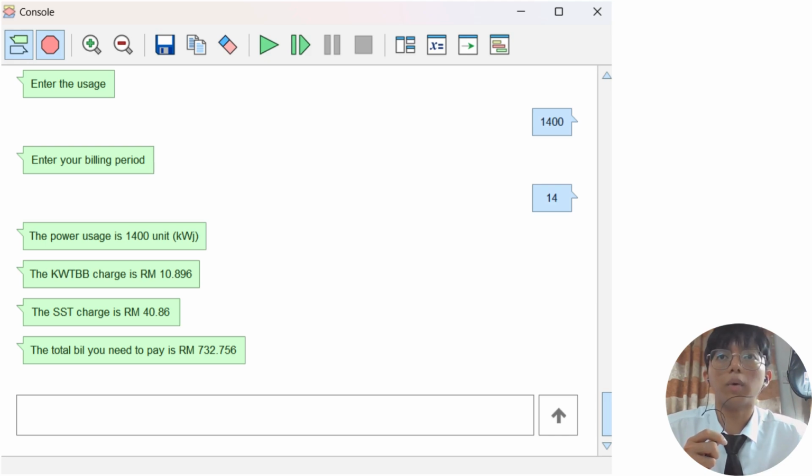Then it shows the power usage is 1400 units, the KWTBB charge is 10 ringgit 0.89, the SST charge is 40.86, and the total bill I need to pay is 332.65 ringgit. Thank you. That's all.